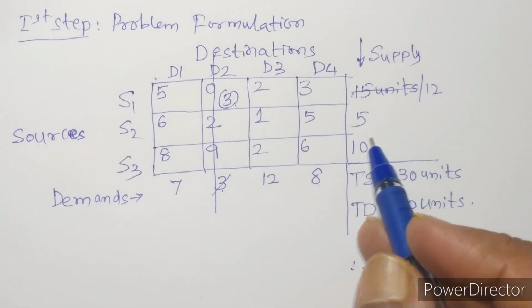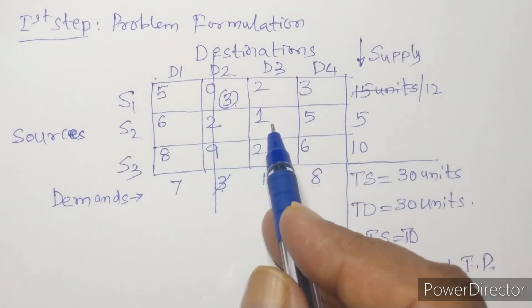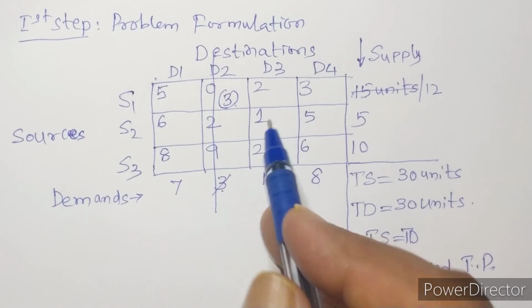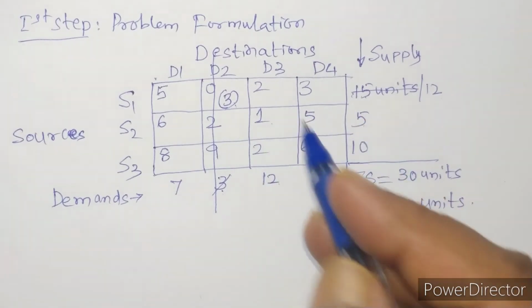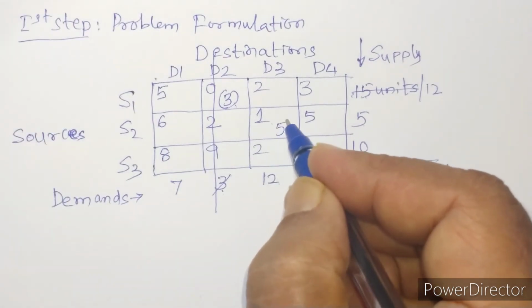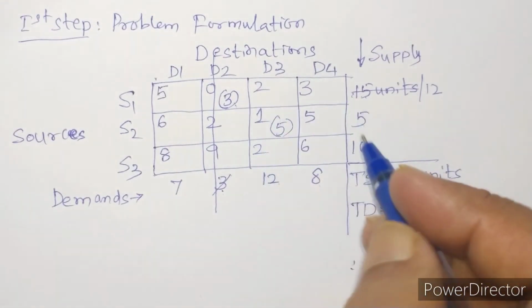And now again, in the remaining matrix, you select the lowest cost cell, that is 1, and here the supply is 5 and the demand is 12. Whichever is less should be written in the bracket. So we have decided to supply 5 units from S2 to D3.